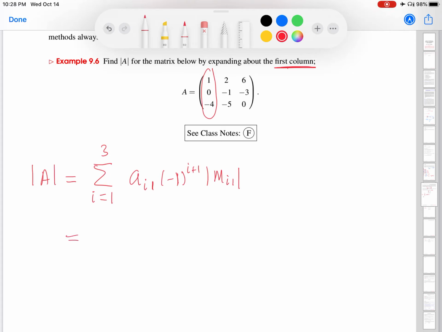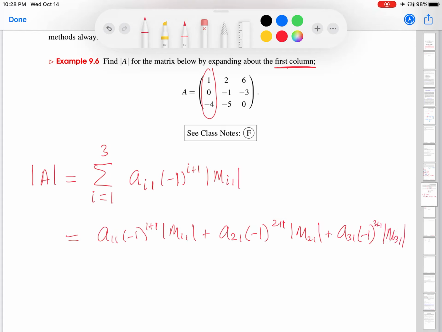So when i equals 1, a11, (-1) to the 1 plus 1, determinant M11, and then when i equals 2, a21, (-1) to the 2 plus 1, determinant M21, and then when i equals 3, a31, (-1) to the 3 plus 1, determinant M31.